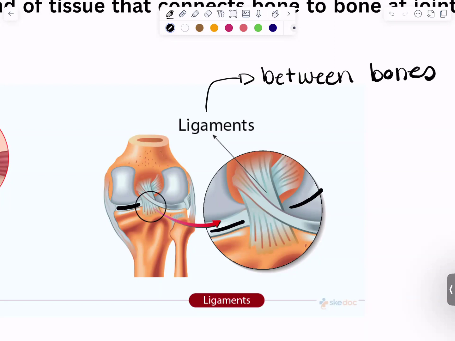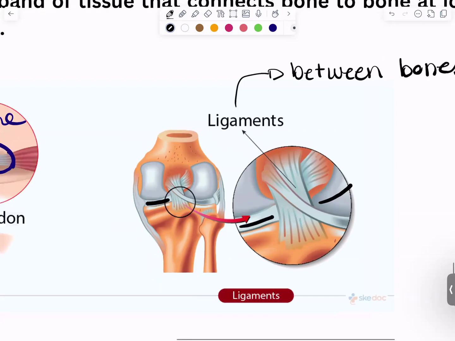But when we look at the cartilage and the structure of the joint, you can see they cover the ending of the bones. So they reduce the friction, and they absorb, for example, the shock. It's not between them, it's just at the ends. Okay, it's about the bone ends in joints in general. So we can say the ligament is the connection between bone and bone, and the cartilage comes to the joints where we have the bones and it covers the ends. So that's the difference between the ligaments and the cartilage.